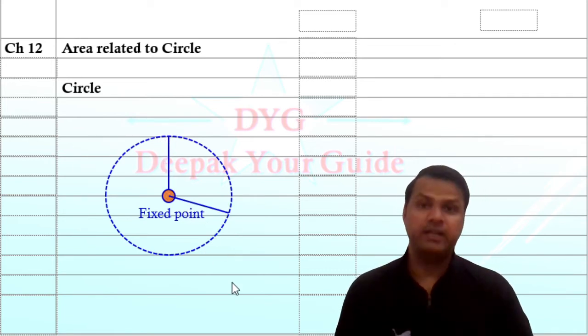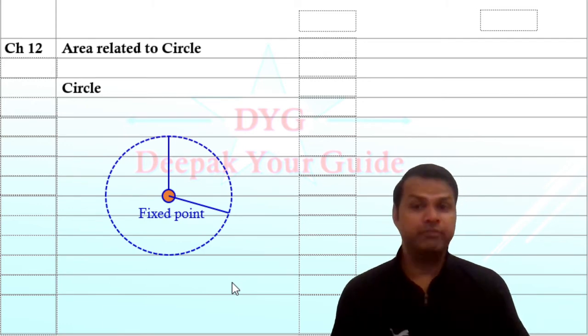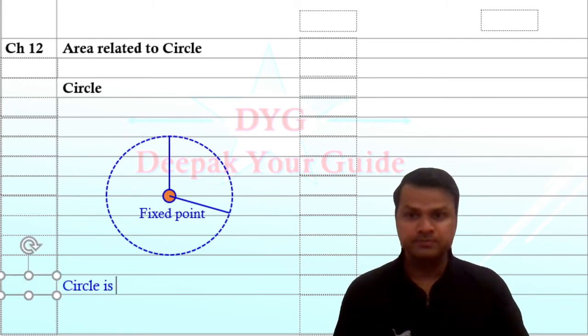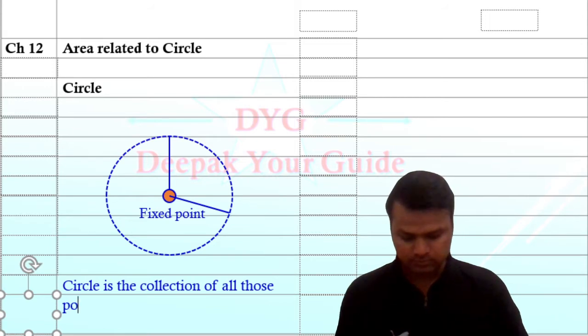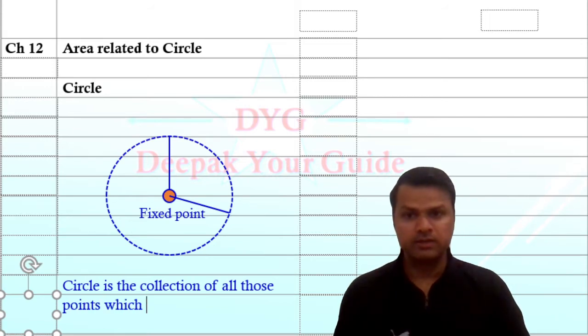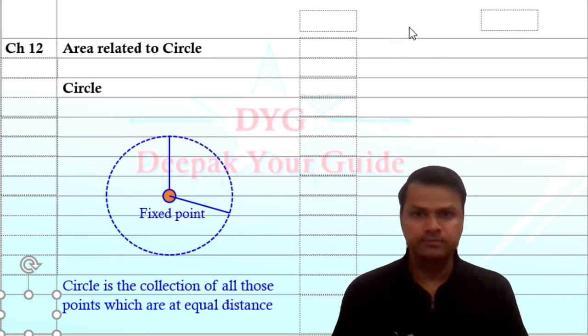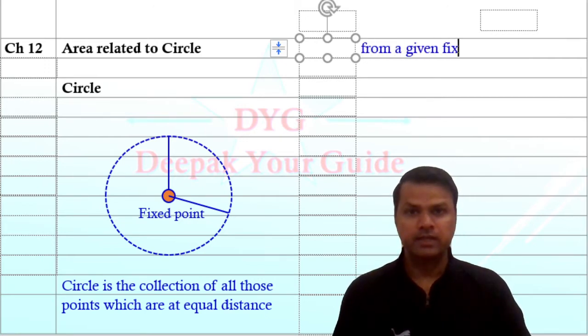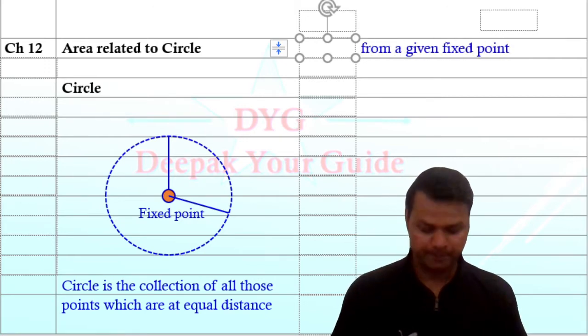So how do we get the proper definition of a circle? What a circle is: a circle is the collection of all those points which are at equal distance from a given fixed point.